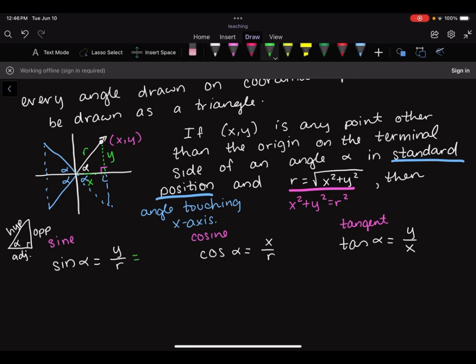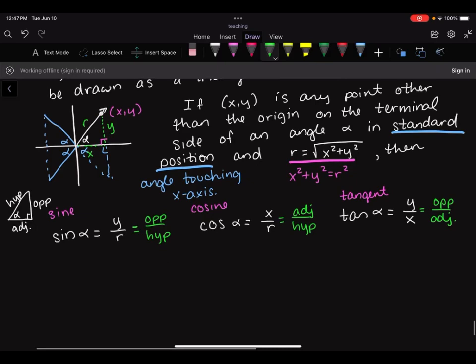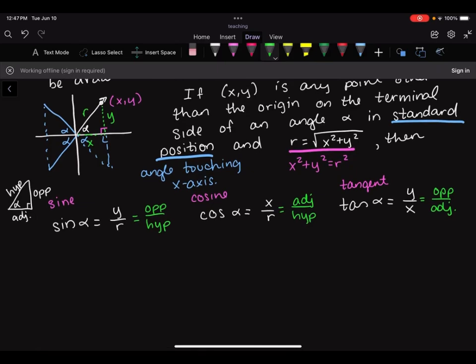So I'll write those relationships as well. This would be opposite over hypotenuse. This would be adjacent over hypotenuse. And this would be opposite over adjacent. Now in 1.5, we'll actually talk about the opposite, adjacent. We'll kind of use it that way a little bit more, but I'm really fine with you using it now at this point as well. I like to use it myself when I use sine, cosine, tangent.